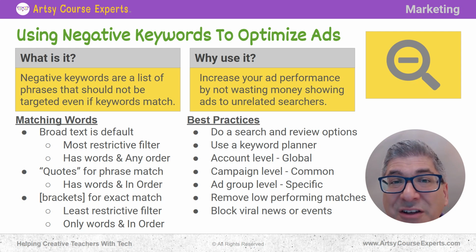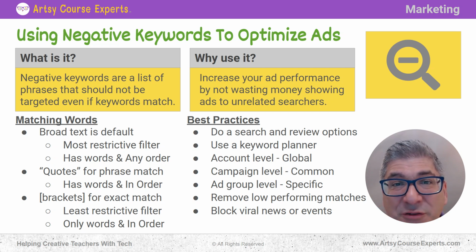When those things happen, you can block out those viral words that for 3 or 4 months, people are going nuts searching for something that has nothing to do with your business, but for whatever reason, there's 1 or 2 words that are similar. When that happens, use negative keywords to conserve your cash, and that way you could keep going and finding your ideal customers.